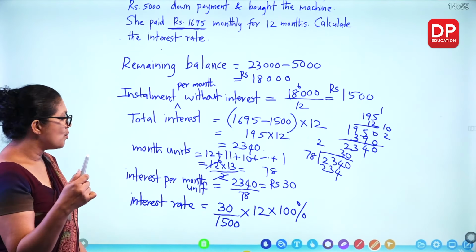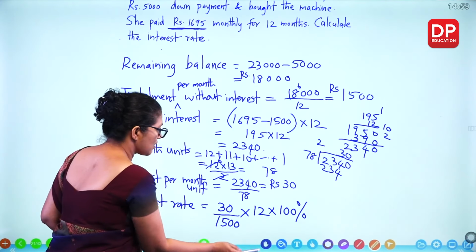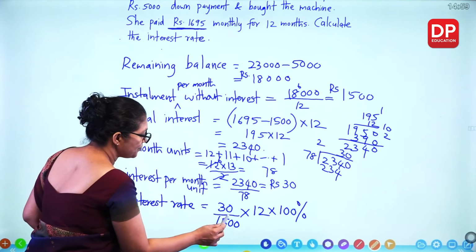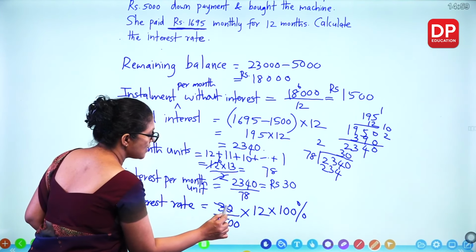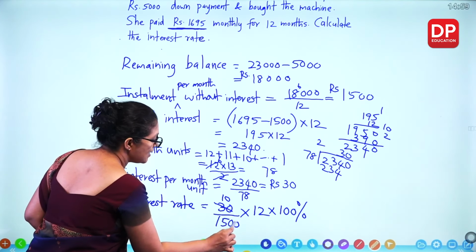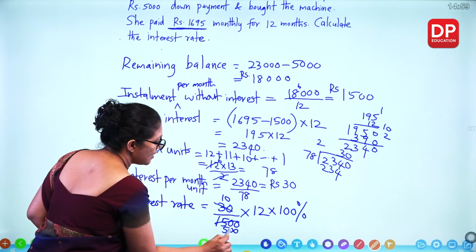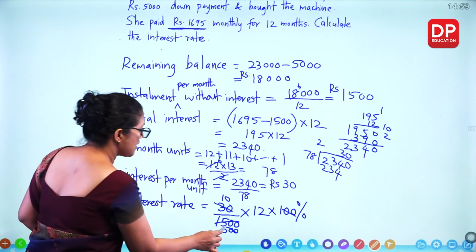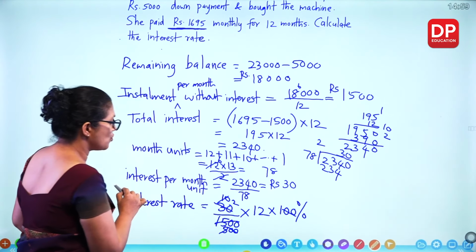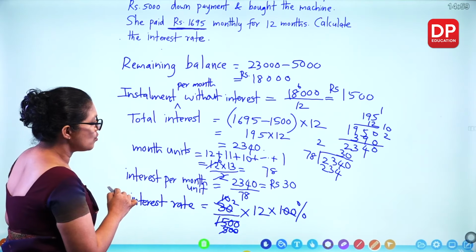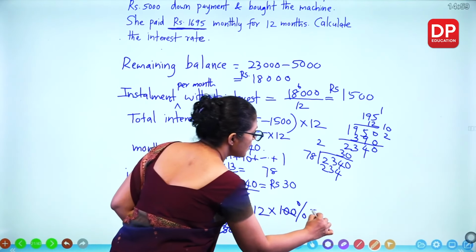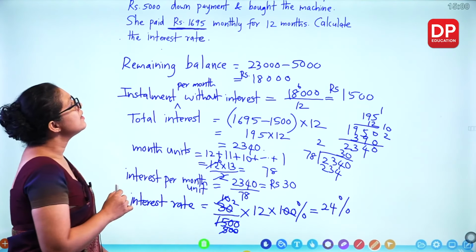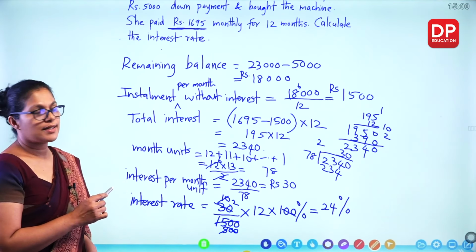We need the annual interest. So simplify. 3 times 10, 3 times 500. These two cancel out with these two. Then 5 times 10, that's 2. 2 times 12, you get 24% as the annual rate.